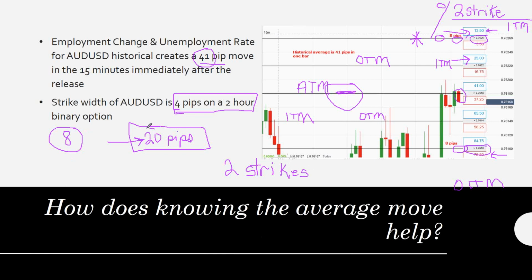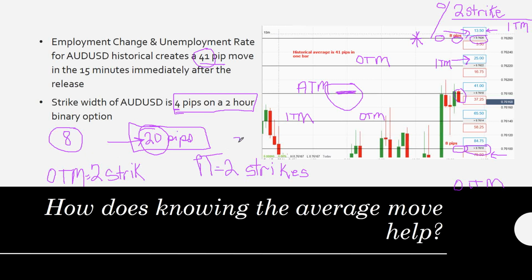Now, if I'm targeting a 20 pip move, okay, if I go 2 strikes out in my out of the money, and this would be out of the money, 2 strikes, that would be 8 pips, okay? And to get my profit target, I need it to move an additional 2 strikes, okay?